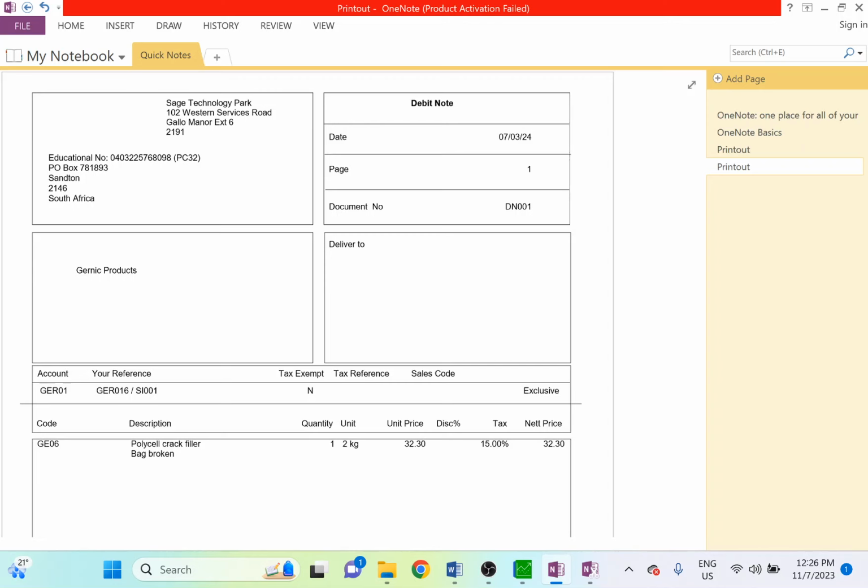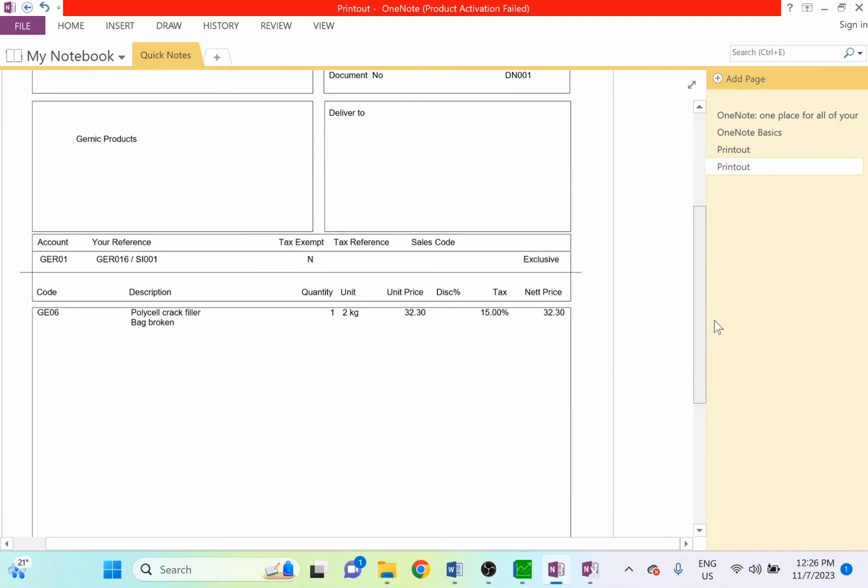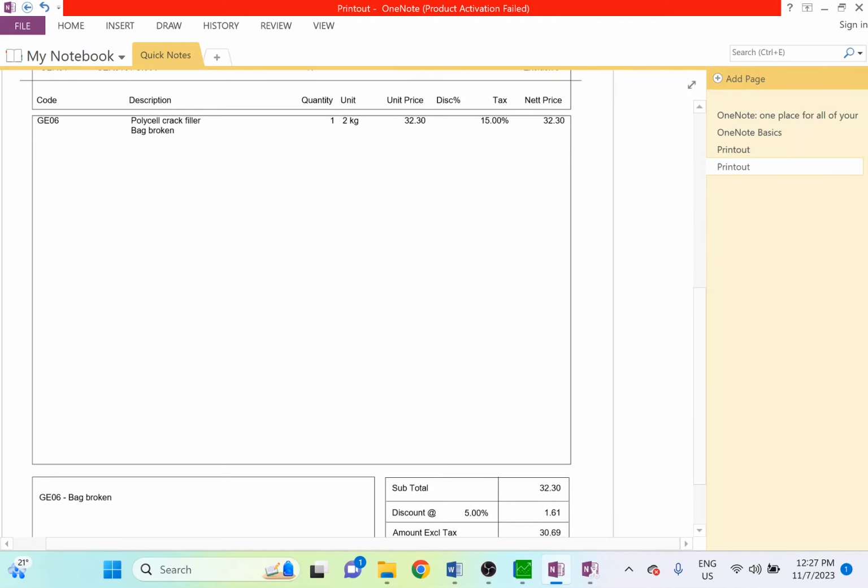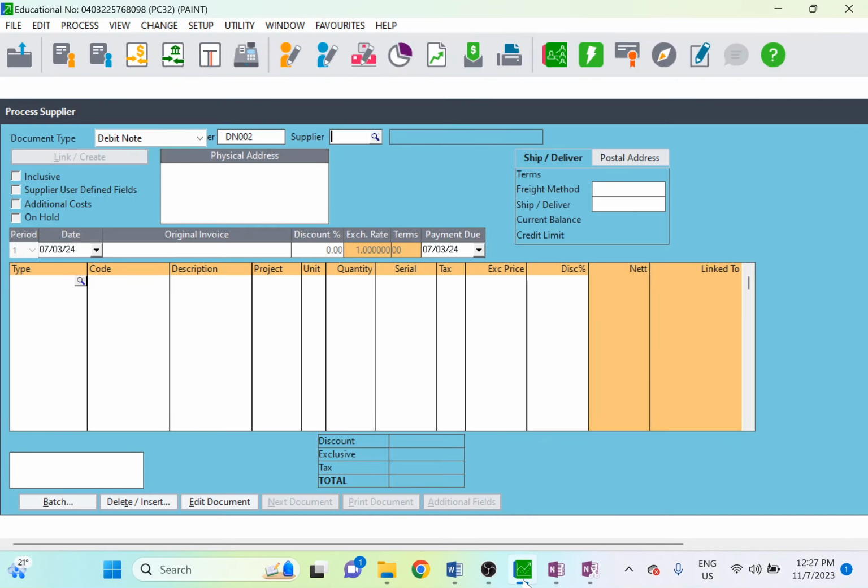You get 1 mark for having the name debit note, correct document with correct name. 1 mark for date. 1 mark for having GER01. 1 mark for having GER016 or SI001. 1 mark for total of 32 rand 30 cents. 1 mark for bag broken. This mark, you're either going to get it under remark or under message box. And then last mark is for discount. Total is 7 marks.